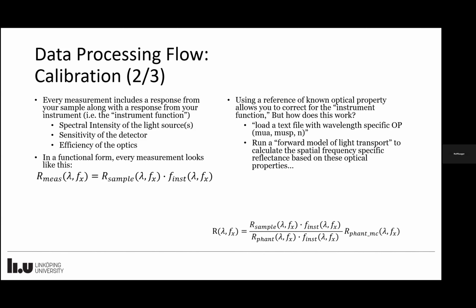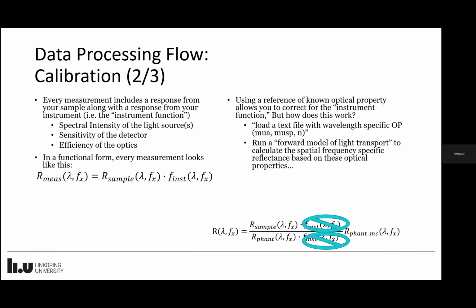That's where we have this calibration scheme, where we take a measurement of our sample, our tissue of interest, and a measurement of a known phantom. We divide the two, and just by dividing the two, you have the same instrument function. It's assumed, especially if you do it back to back, that the instrument hasn't changed. So taking the ratio of these two cancels out the instrument function, leaving you with a ratio of your sample to your phantom.